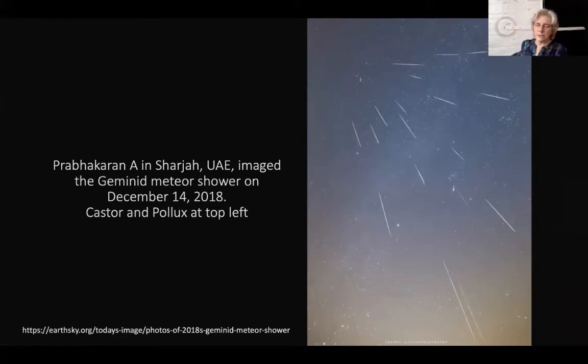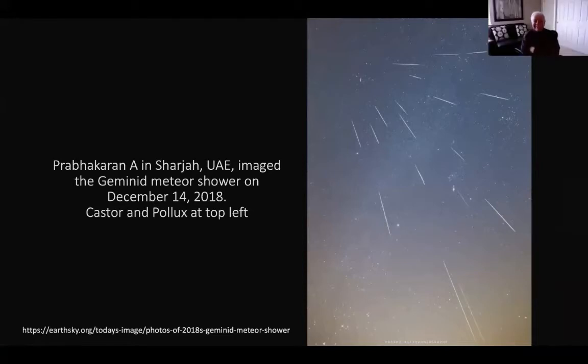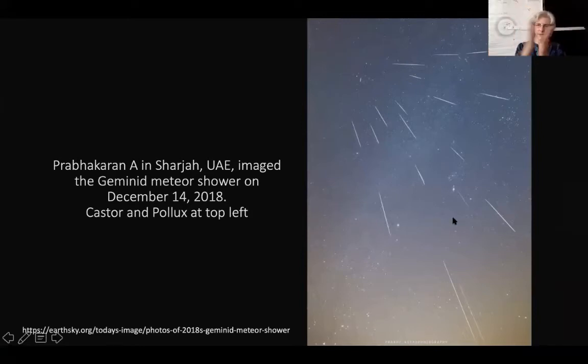Are you going to see all these things coming down at once? No. No. It was taken over about 4 hours, and then they were all stacked together so that he got several streaks of the meteors that are coming through.